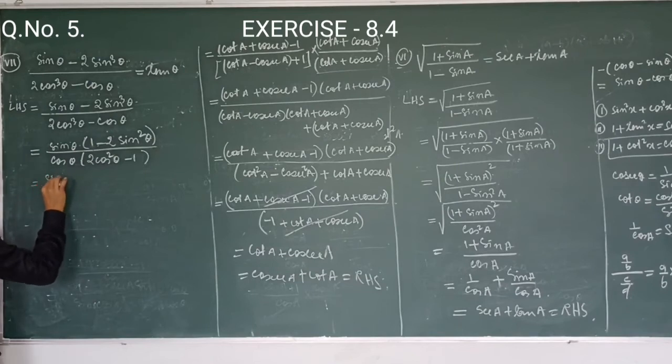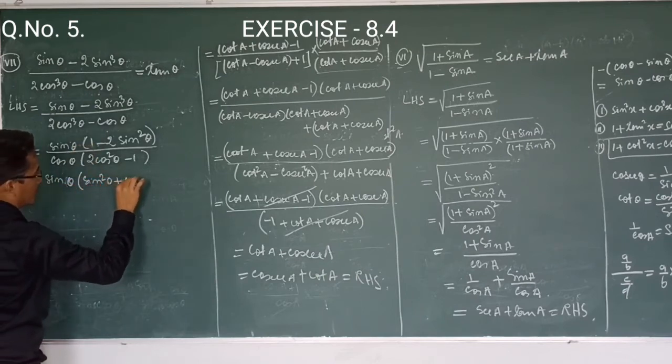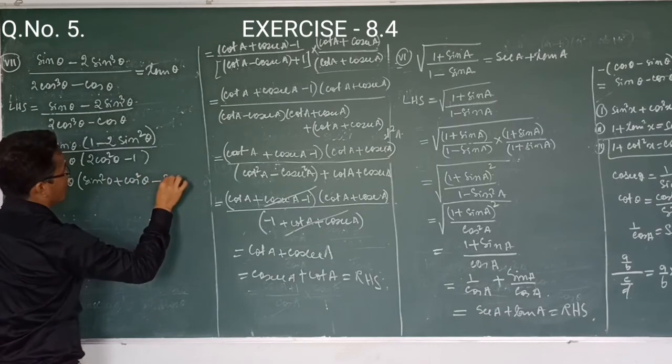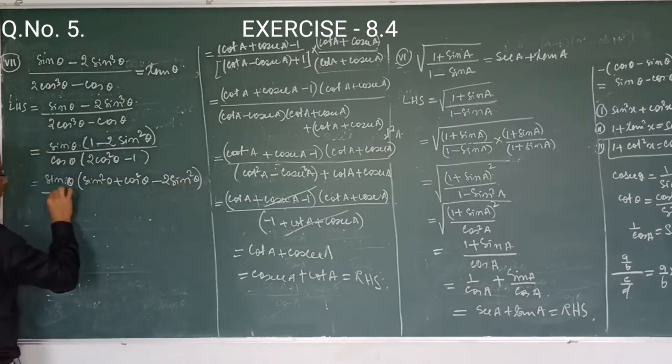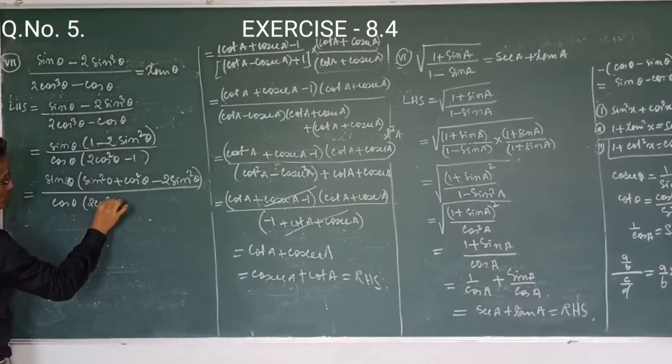So in the numerator, sin theta, I write sin square theta plus cos square theta, because we take the angle theta everywhere. So this is minus 2 sin square theta. In the denominator also, this is cos theta, then 2 cos square theta.